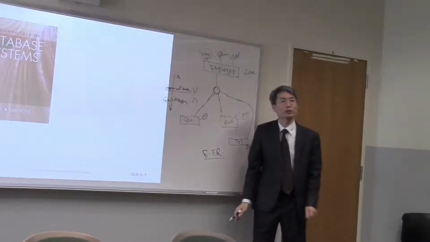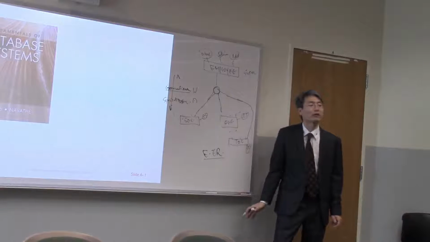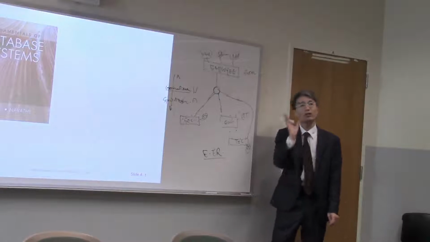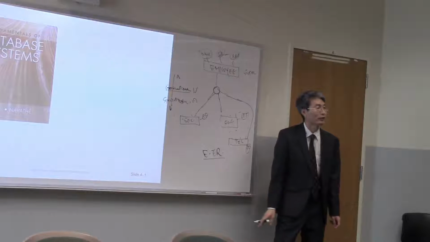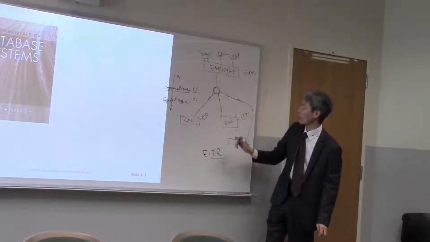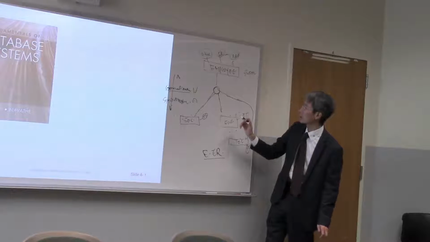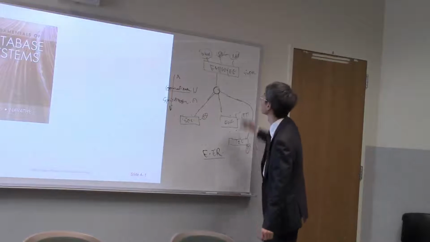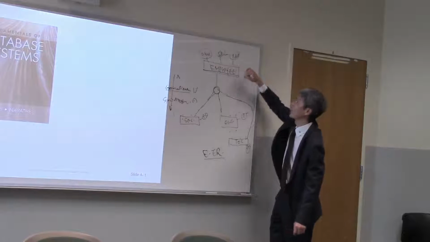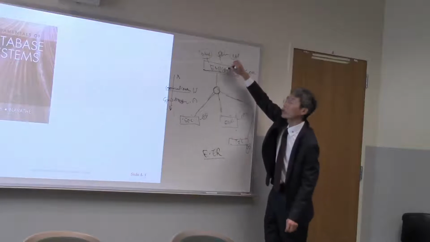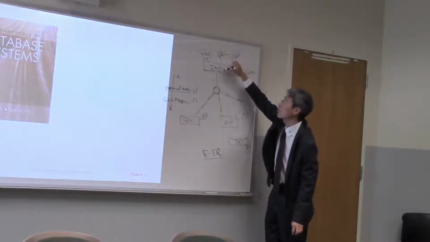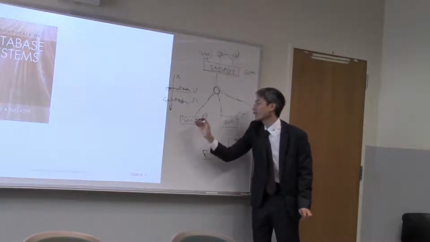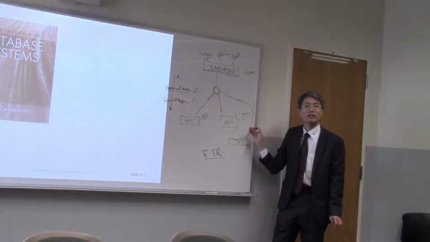Okay. Another thing is there is a circle to represent the characteristics of the super and subclasses. There are two main characteristics. One is participation. Participation means whether all superclass entities participate in a subclass.